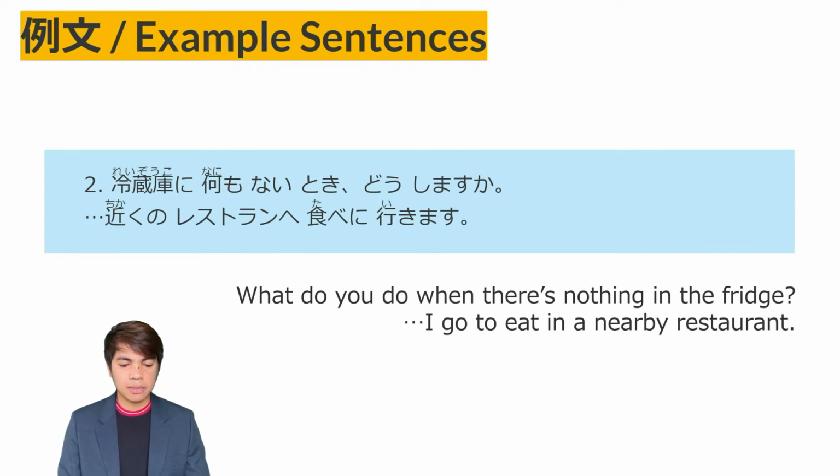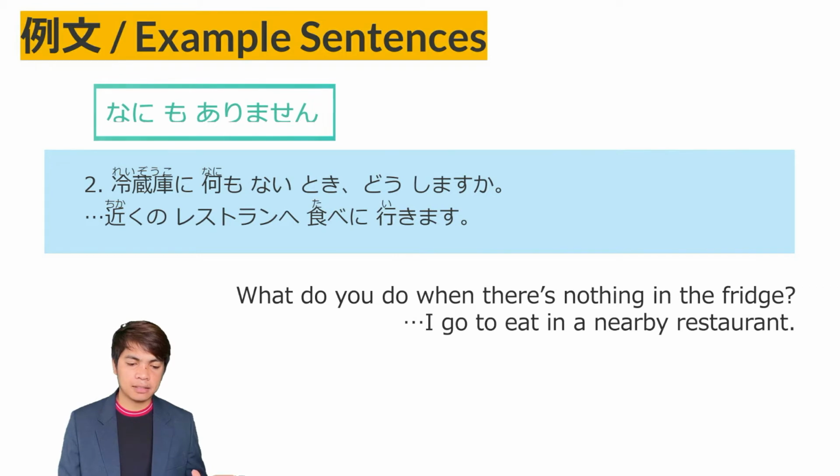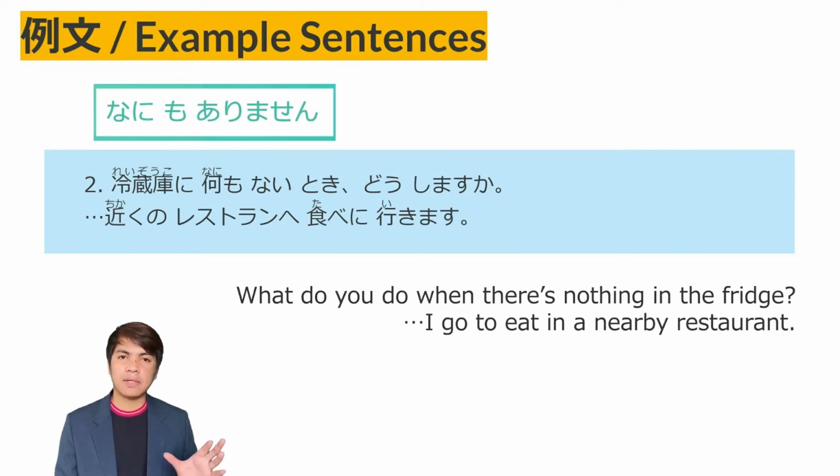Example number 2. Reizōko ni nani mo nai toki dō shimasu ka? Chikaku no restaurant e tabe ni ikimasu. The first sentence was asking, what do you do when there's nothing in the fridge? Nani mo nai toki, from the sentence Reizōko ni nani mo arimasen, nothing in the fridge.